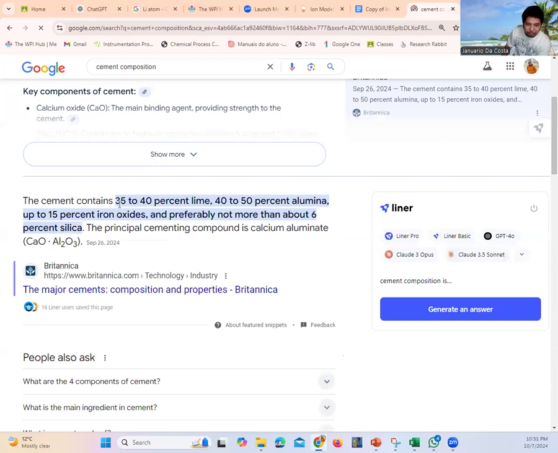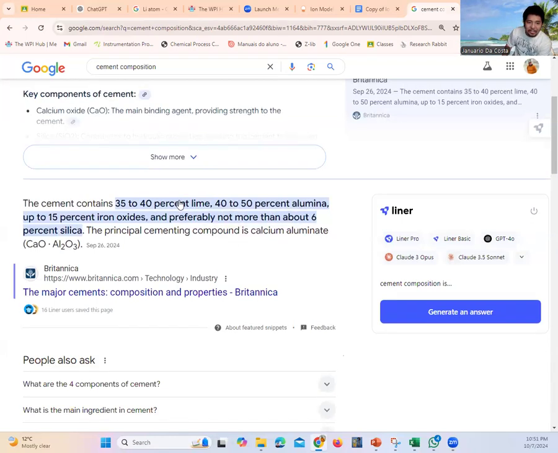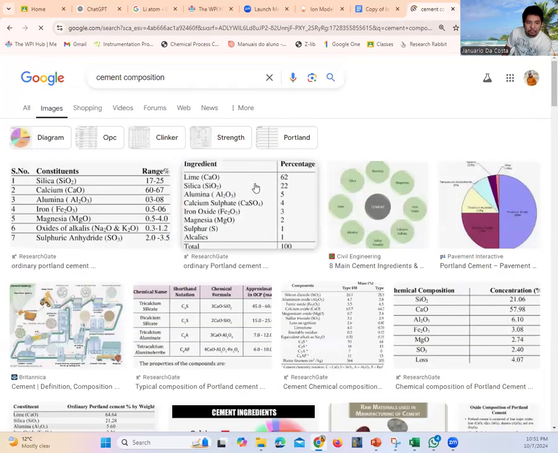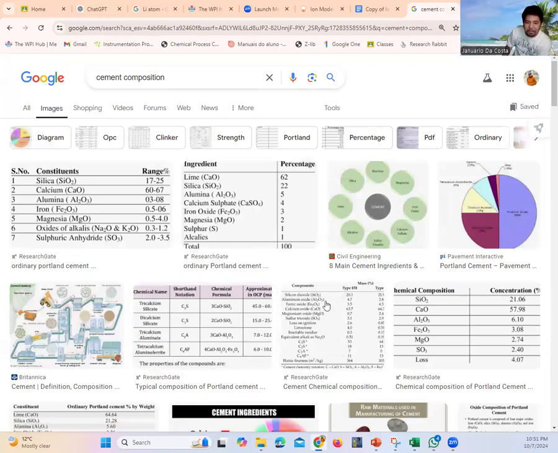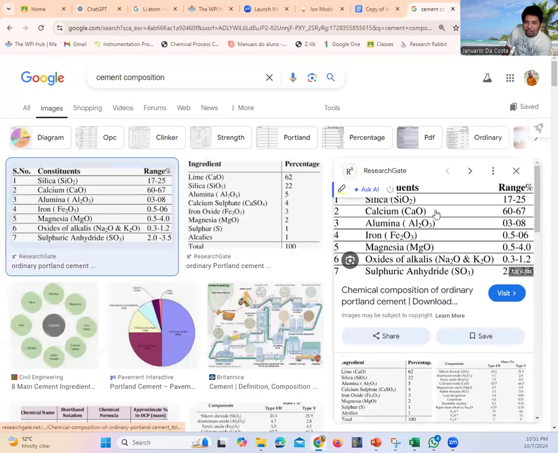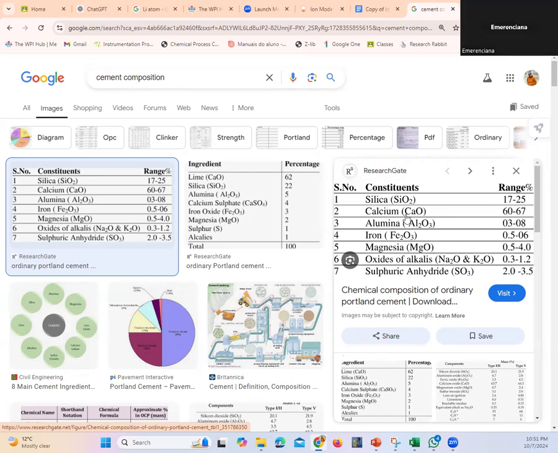Okay, basically you have calcium oxide or lime, about 60 to 67% is calcium oxide, and then you have silica or silicon dioxide, and then you have alumina. Then you have iron oxide. You have magnesium oxide. So these are all the composition of cement.